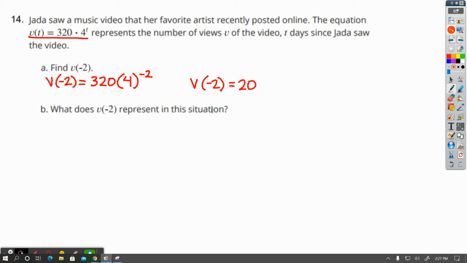What does V of -2 represent in this situation? Well, it tells us that the video only had 20 views 2 days before Jada saw it.